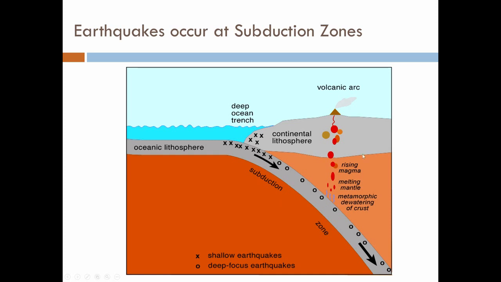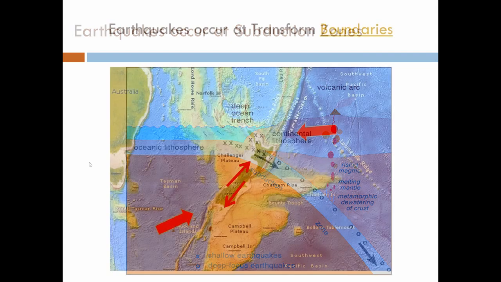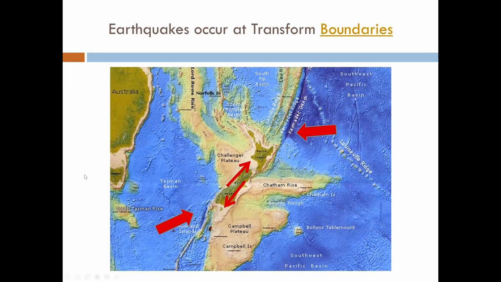If you have earthquakes at really shallow areas, they don't need to be as powerful in order to get damage at the surface. They also occur at transform boundaries, and here we have, you may or may not be able to recognise, it might have taken you a second, the continent of Zealandia, and then we have New Zealand in the middle.